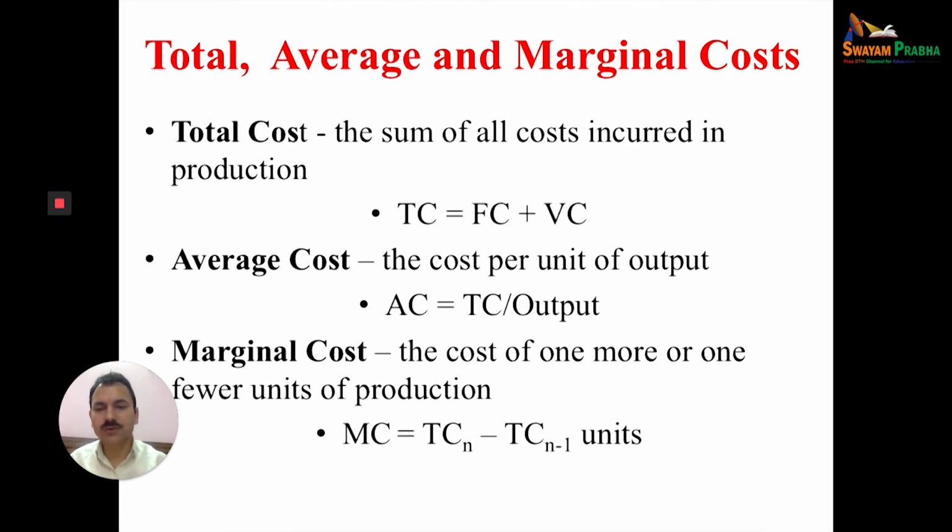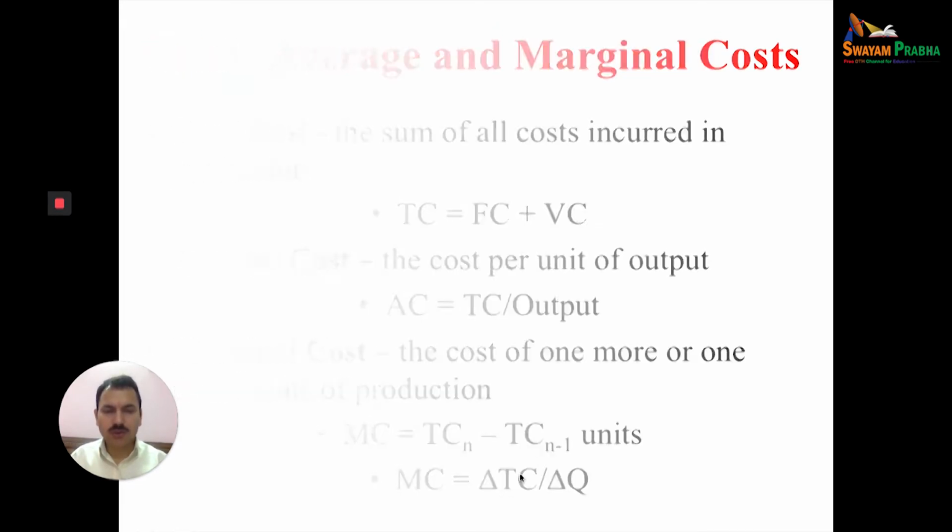When you produce more units of output, there will be a change in total cost. That is called marginal cost. If the quantity increases, how much the total cost increases is the marginal cost.